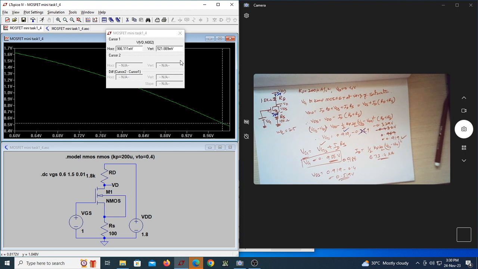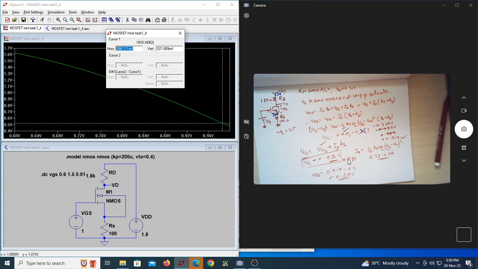At that point, can you see what the voltage is? We are supposed to have 519 millivolt. I'm having almost 521 millivolt, hardly 2 millivolts difference. At this value of VG, that is 0.986, the VDS is 0.519, which is what I'm having.